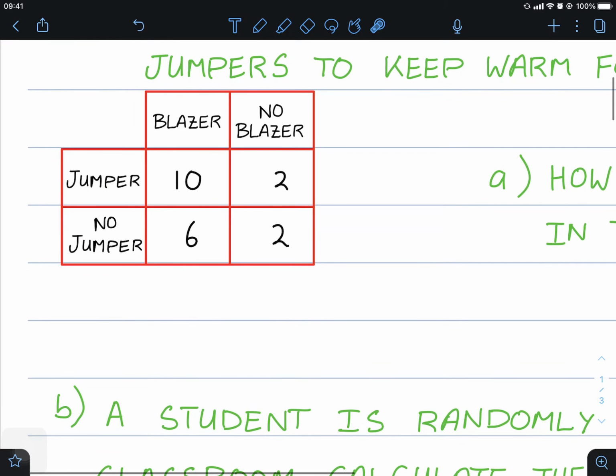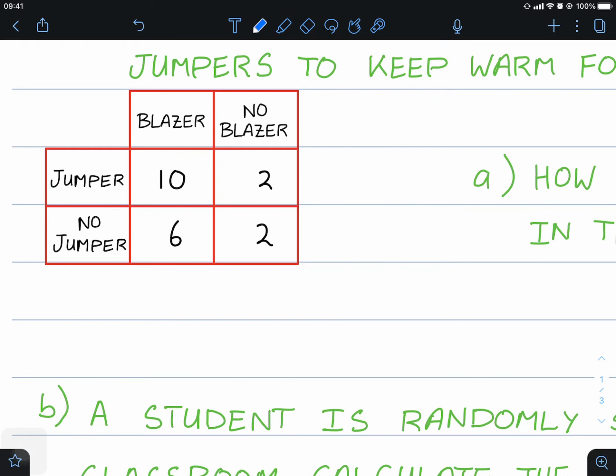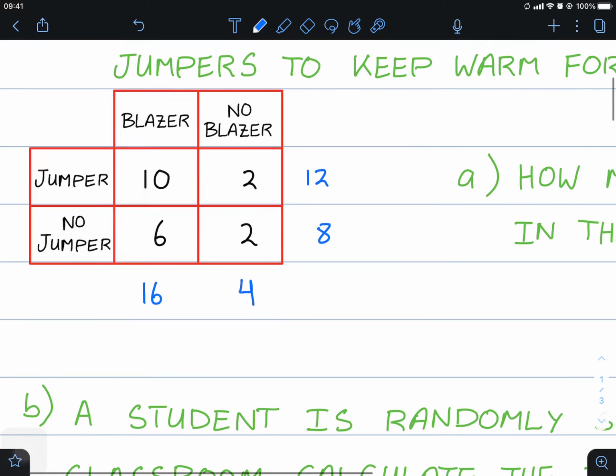Well, for this, we can easily and very carefully just add across. This number here tells us how many students wore jumpers. So 10 people wore jumpers, 2 people also wore jumpers. So that's 12. Adding across this way again, 6 plus 2 is 8. Adding vertically, 10 plus 6, 16, 2 plus 2 is 4.